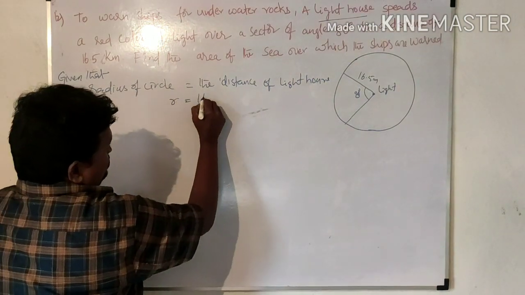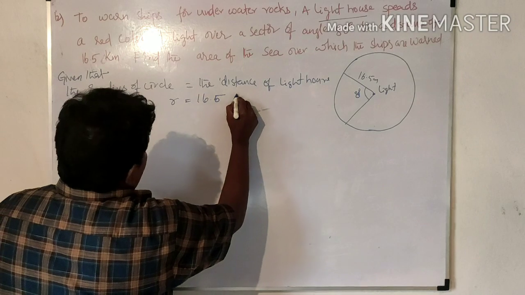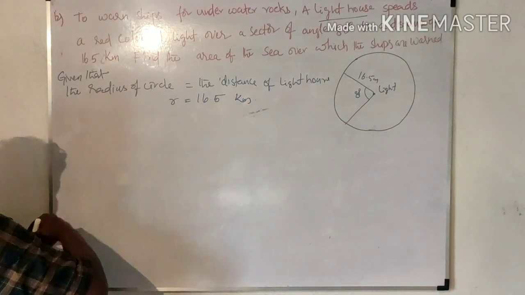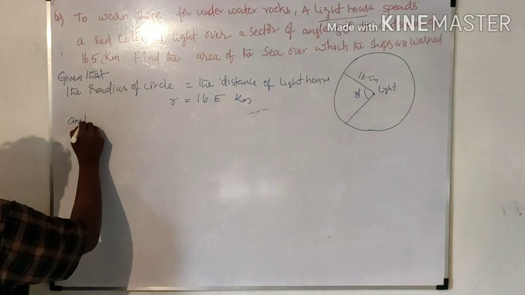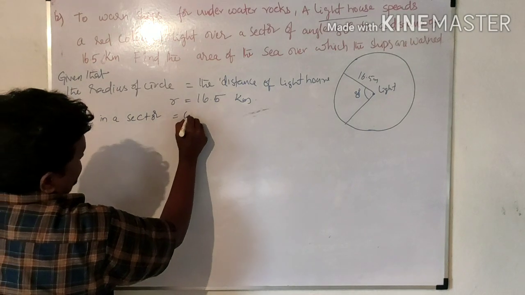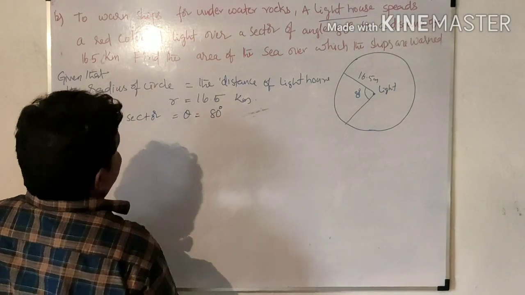Therefore radius is equal to 16.5 kilometers and the angle of the sector theta is equal to 80 degrees.